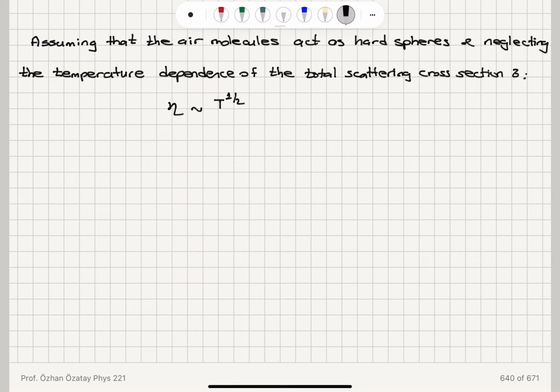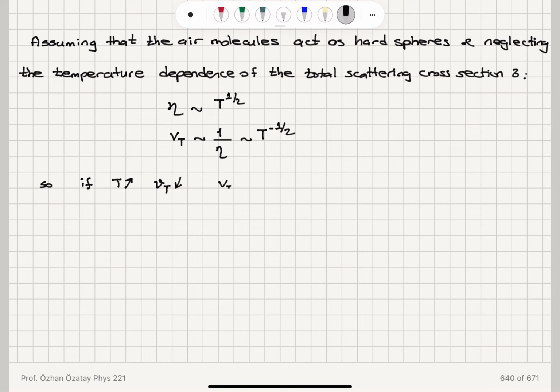And we are given that the terminal velocity of the oil drop is inversely proportional to the viscosity, a 1 over eta dependence. So the temperature dependence is T to the power minus 1/2. We can see that if the temperature increases, the viscosity increases, therefore the terminal velocity decreases.